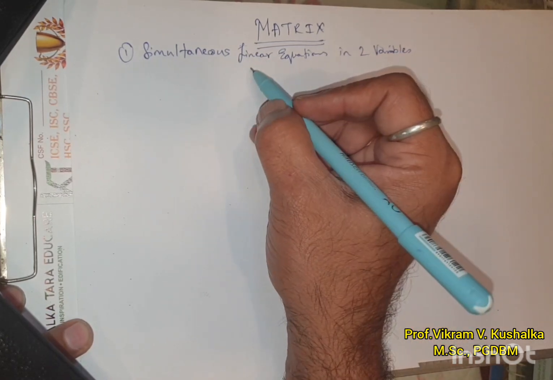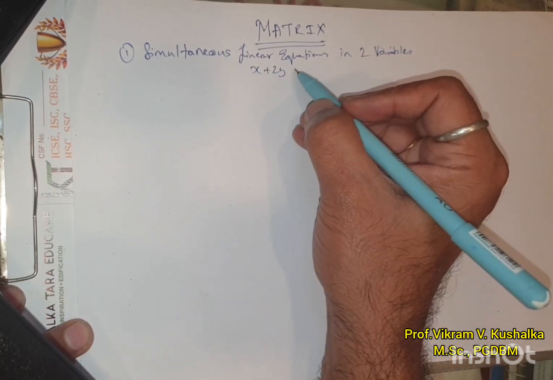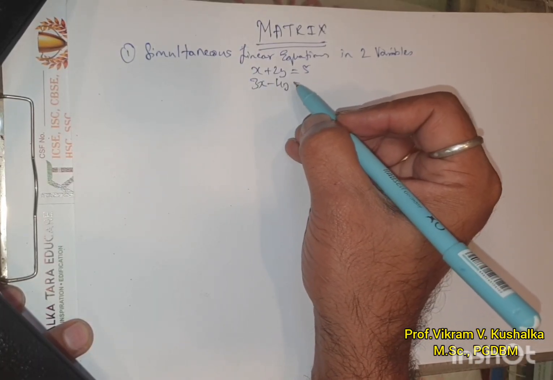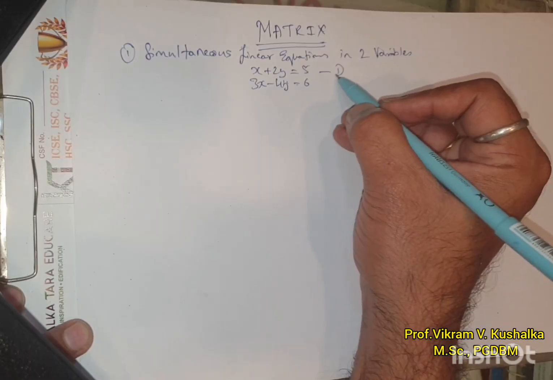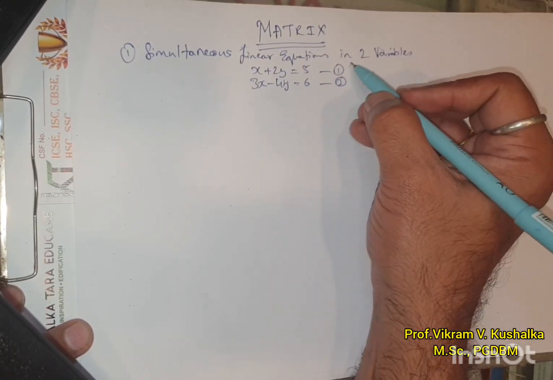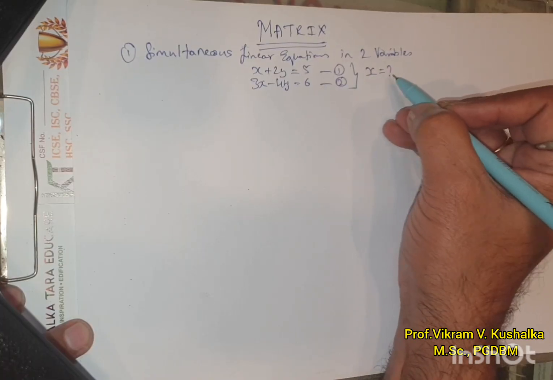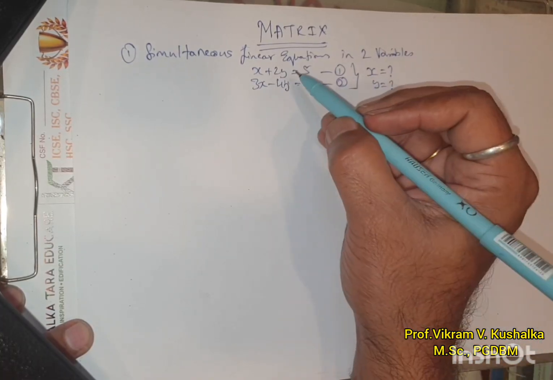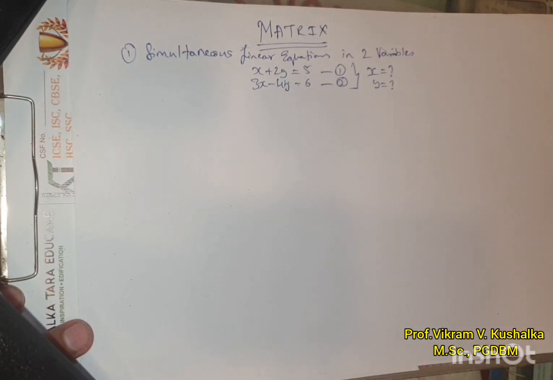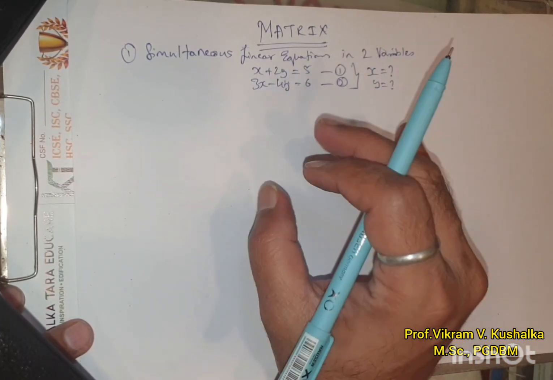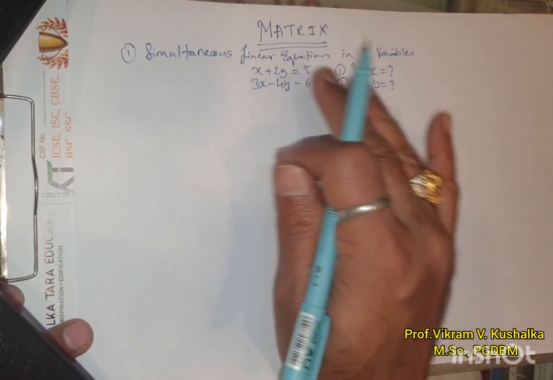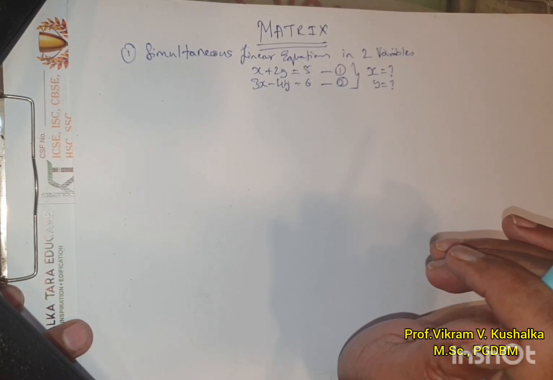Something like, if I say x plus 2y is equal to 5 and 3x minus 4y is equal to 6, numbered as 1 and 2, and we are expected to find out the value of x and the value of y from these two linear equations in two variables. Now, we all are well aware of how to solve this set of linear equations, and we know that it takes nearly one and a half pages to get to the answer of x and y, correct?